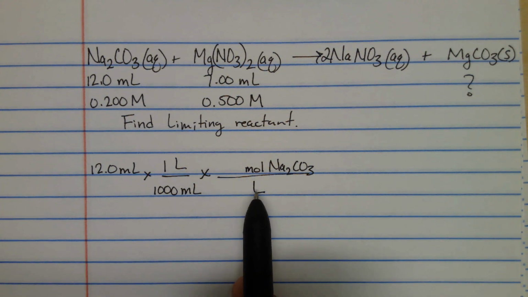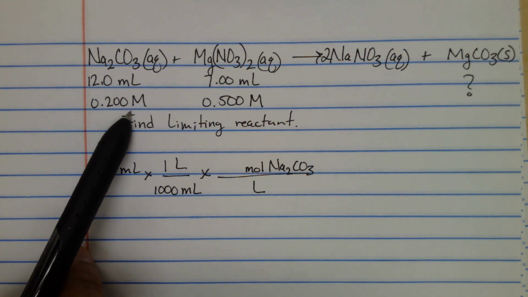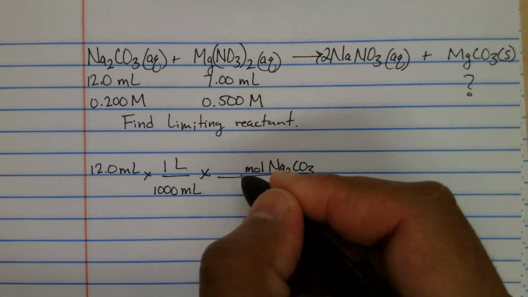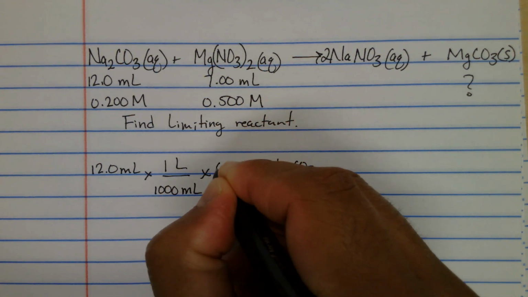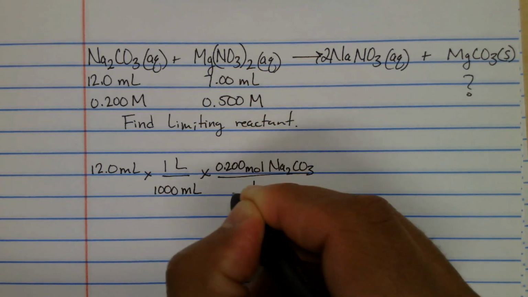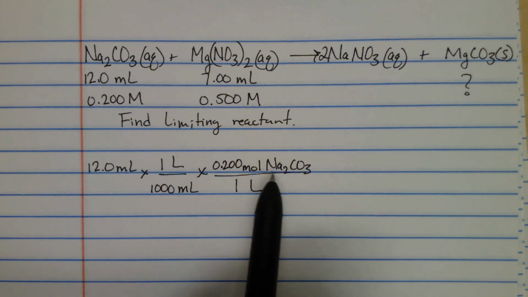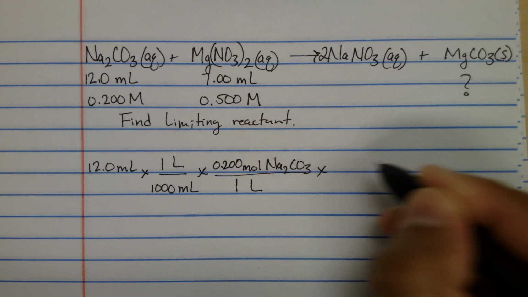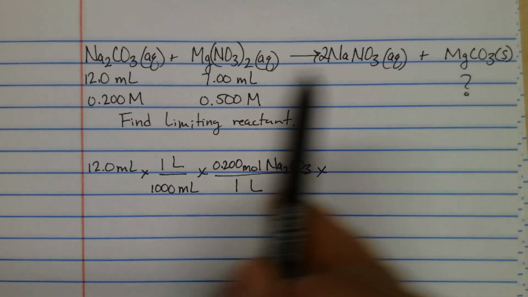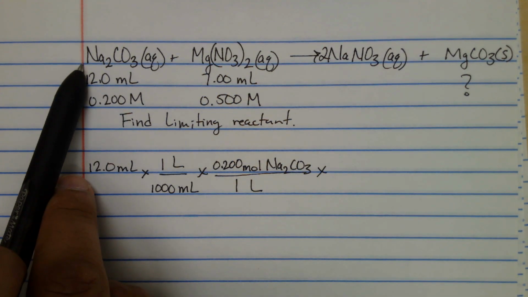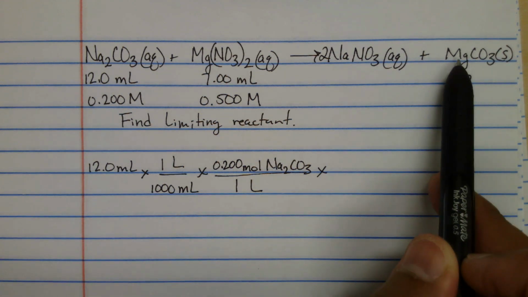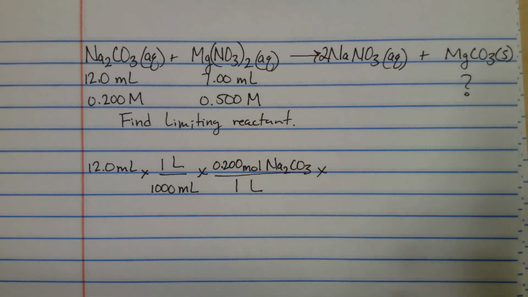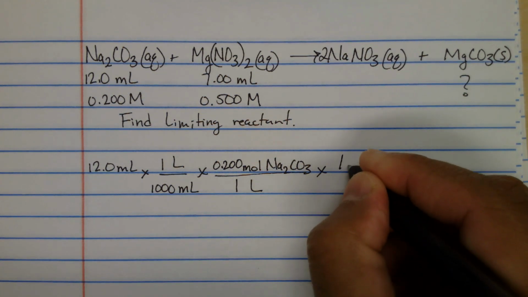Mole per liter, this is the same thing as a molarity. And now that we have moles, we can convert to moles of the product. So in this case, it's a simple 1-to-1 ratio. For every 1 mole of the sodium carbonate that reacts, there's 1 mole of the magnesium carbonate produced.